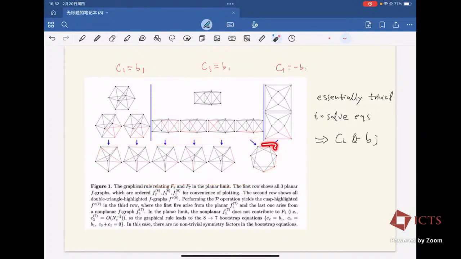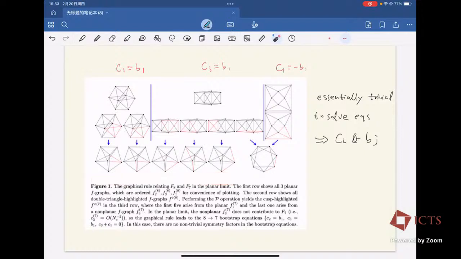Whenever you pinch it to a cusp, you reach a graph with 1 point lower. But sometimes you directly get to a non-planar graph. Since we're working in the planar limit, this non-planar graph has coefficient 0. So you immediately get a lot of constraints, like the pinching of this graph can only reach here. Remember, at 7 points, there's only 1 graph. This is the only planar graph.